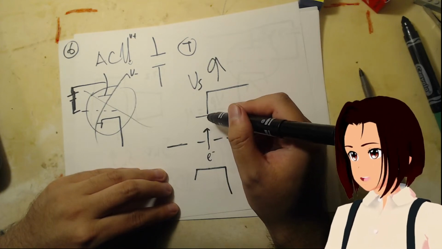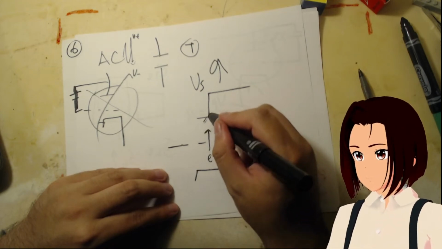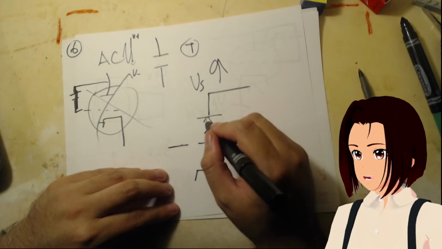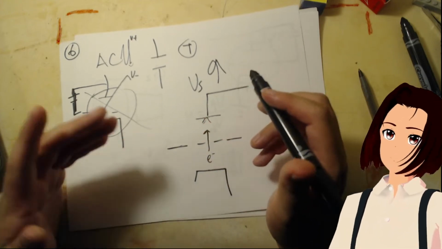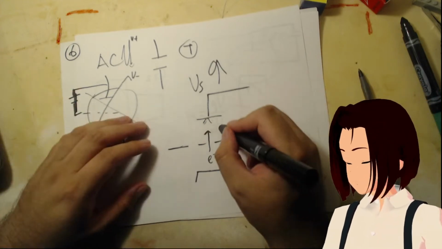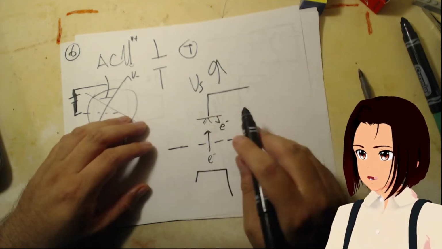But some of them are not, so they impact the plate. And when electrons impact the plate, what happens? Some electrons get knocked off, and they go all over.